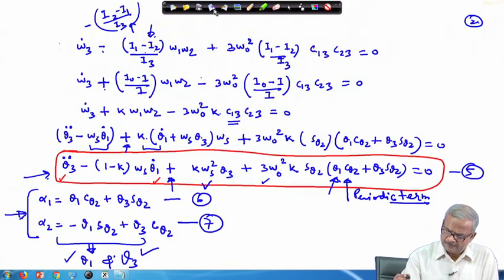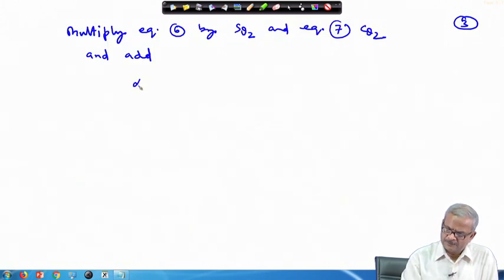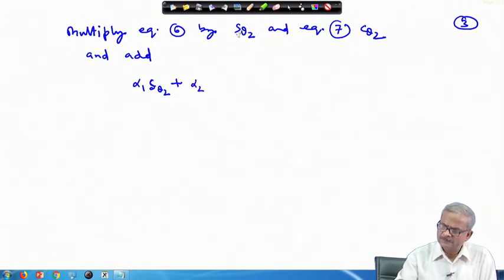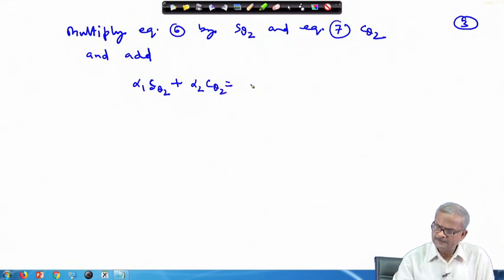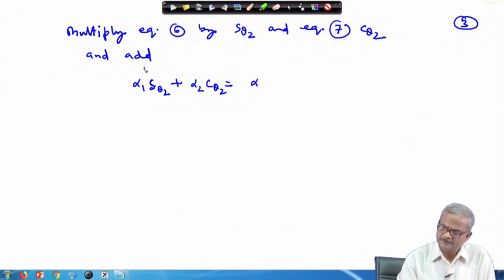If we do that, we have alpha 1, which we have to multiply by s theta 2, plus the other one, alpha 2 times c theta 2. This will be equal to the alpha 1 value that we have assumed, which we have to insert here in this place.